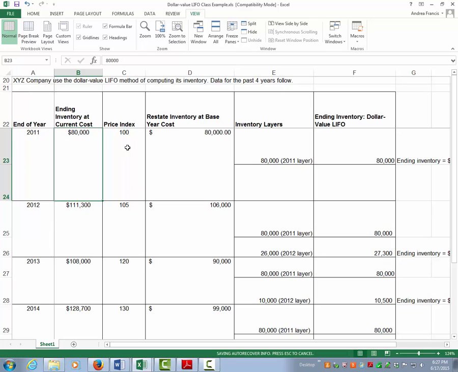So we actually have to find a base year and restate all of our inventory in terms of that base year, and then figure out how much of the base year inventory is left and how many new layers were created. And the new layers will be then inflated to match the price index in the year in which they were created. So now you can go ahead and practice example 1 following the same methodology that we've been using in this question. Good luck.